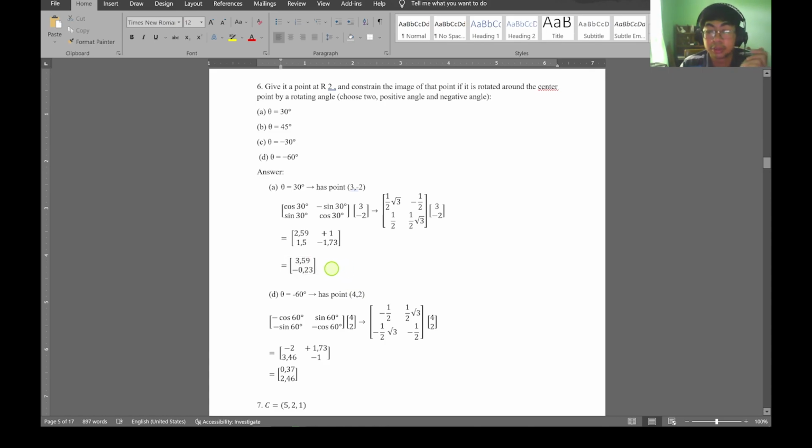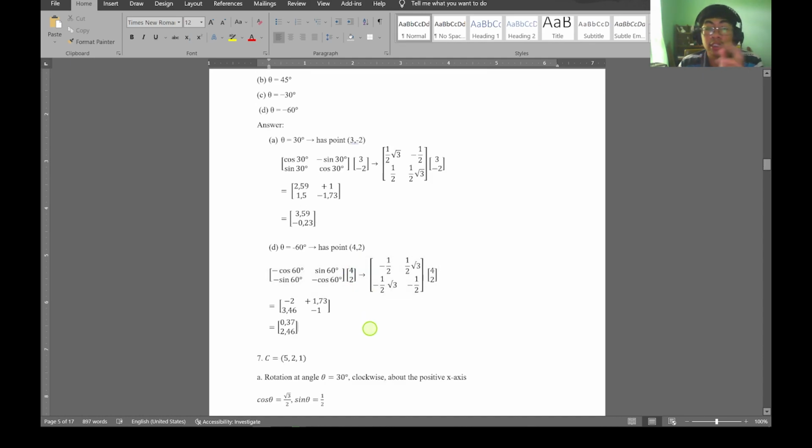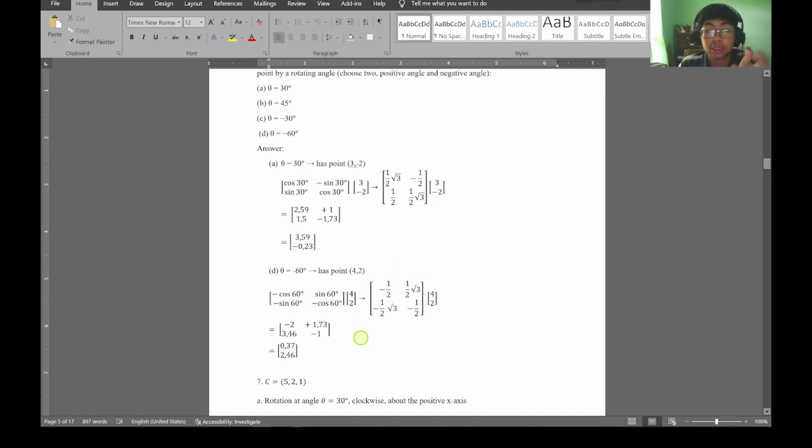The answer is the matrix 3.59 and minus 0.23. Then is the answer of D.